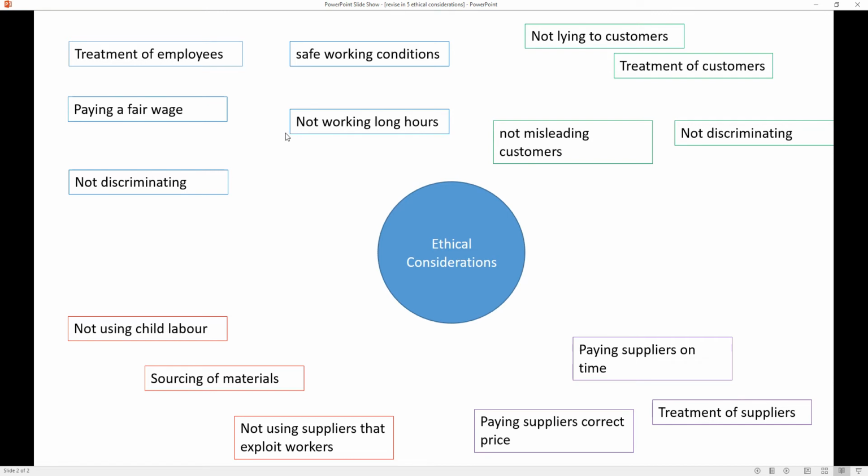So business will look at the treatment of employees, and to be an ethical business, they need to make sure they are providing safe working conditions, so not making an employee work in an unnecessary, unsafe working condition, abiding by health and safety law and things like that, okay?